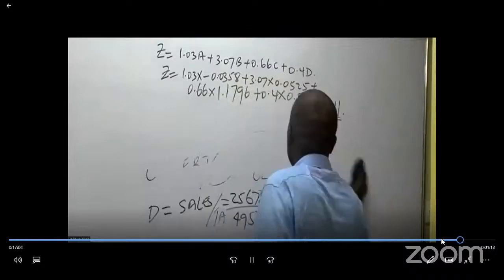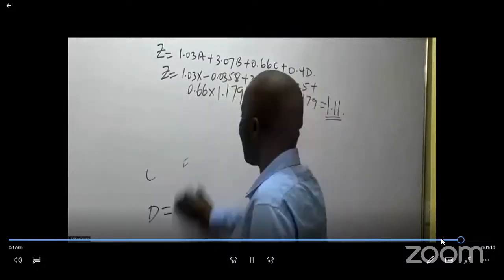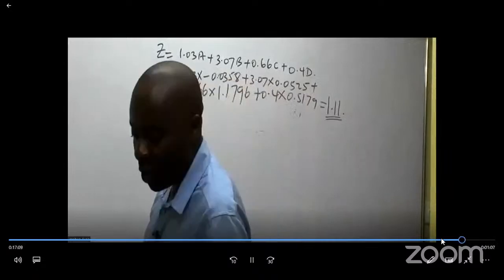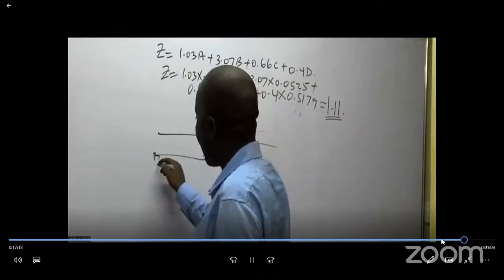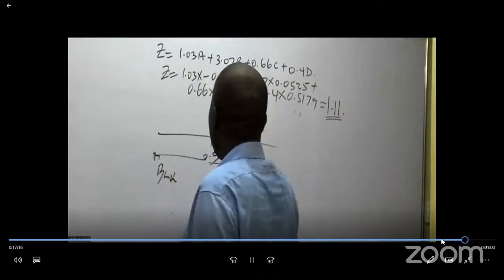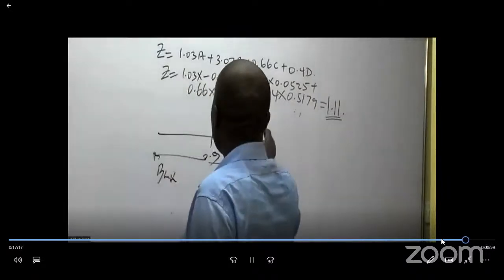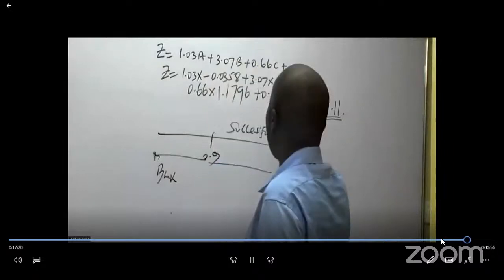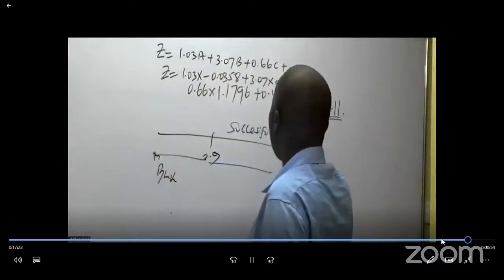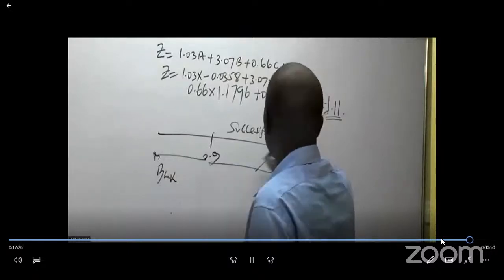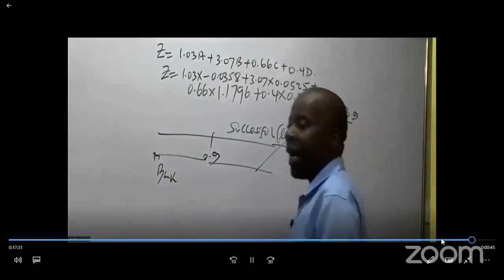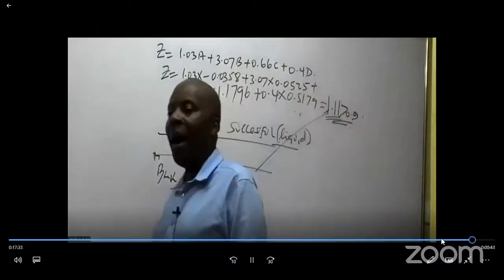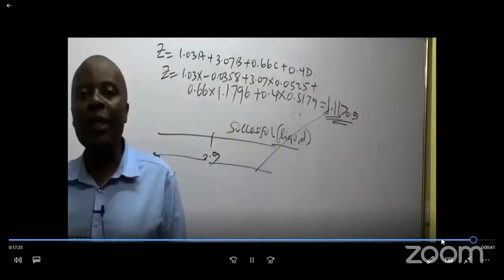Our threshold is 0.9. Below here, bankrupt. Anything above, successful. Successful means that this company is liquid. We can see our figure here is 1.1, which is more than 0.9. Therefore, Kaban Limited is a liquid organization.